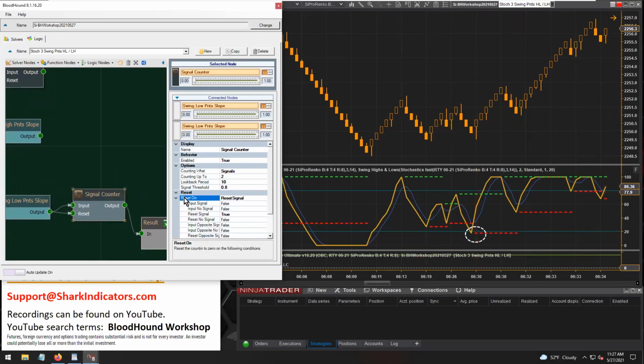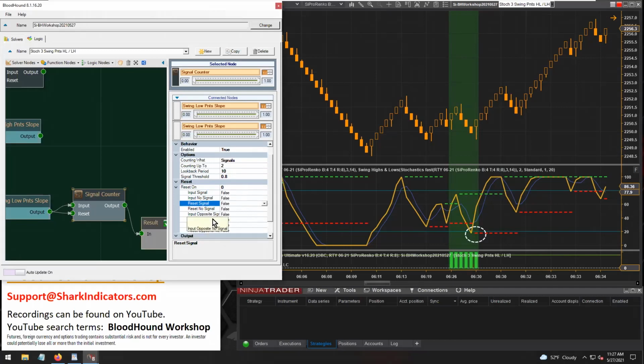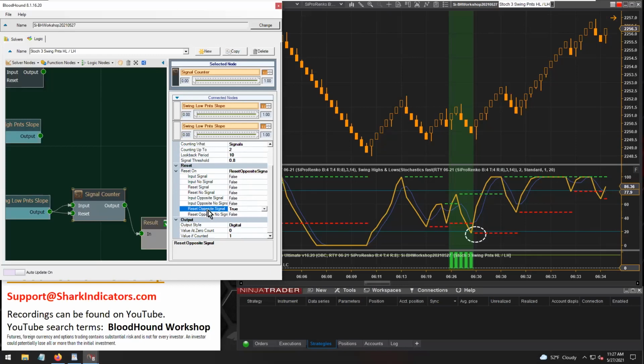Let's go into the resets here. And what we want here is to enable the reset opposite signal. So what's going into the reset is the opposite signal of what we're counting.